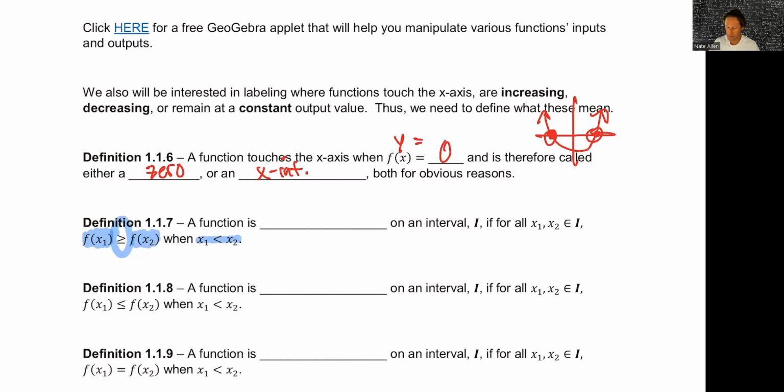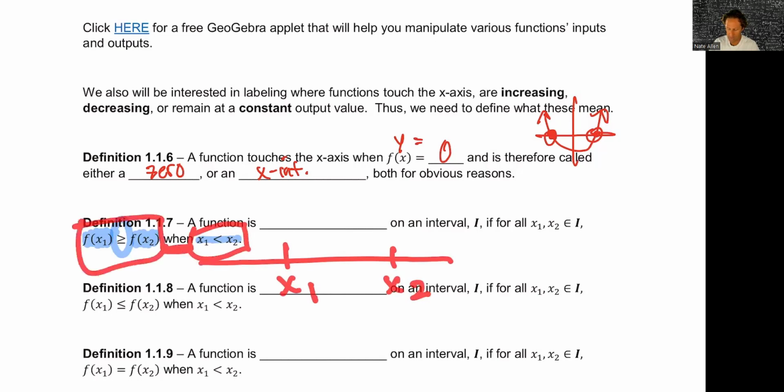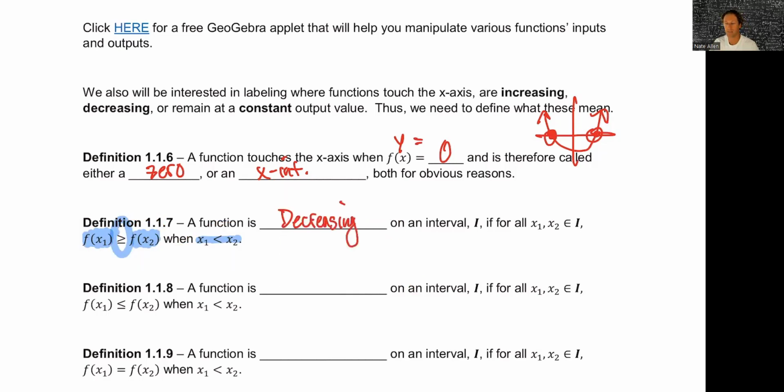Well, think about this again from left to right. X1 is here, x2 is here by definition. But what is this saying? Our x1 is going to be a bigger value. Our x2 is the smaller value, which means it is decreasing on just that interval we're going to call capital I.